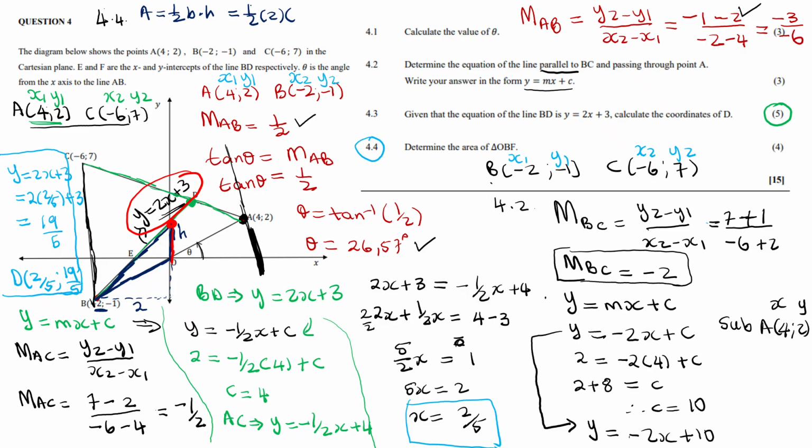So this makes the height 3. The height from 0 to that point is 3. So this will be multiplied by 3. Therefore, what is the area? The area is just positive 3 if you put that on the calculator. Please make sure that you say 3 units squared to show that you are referring to the area.